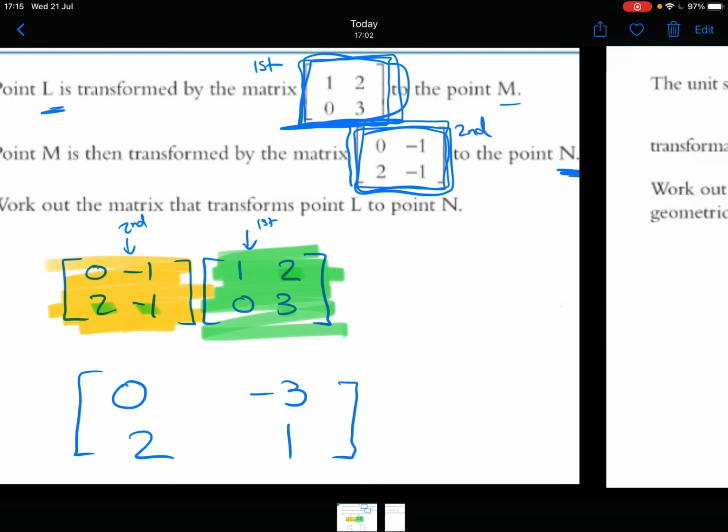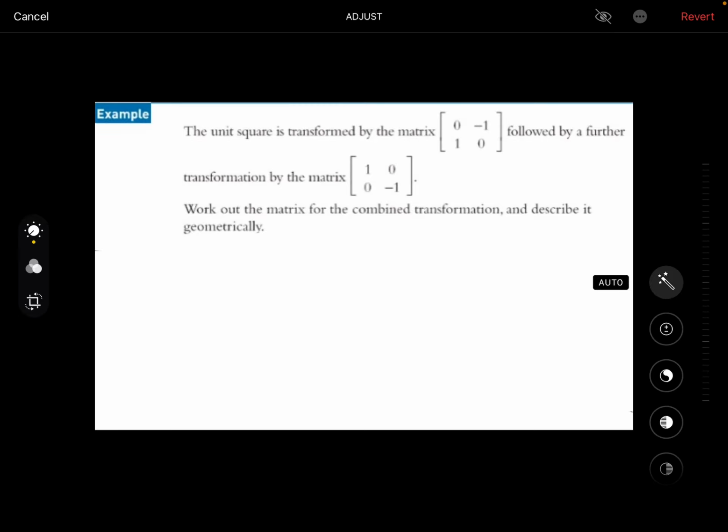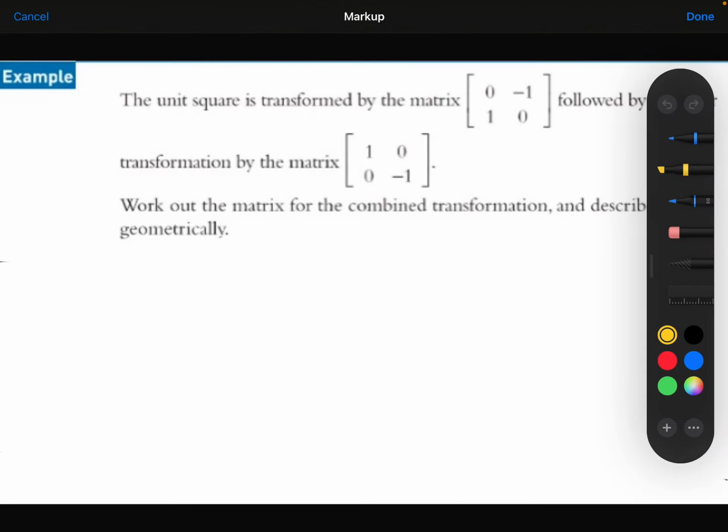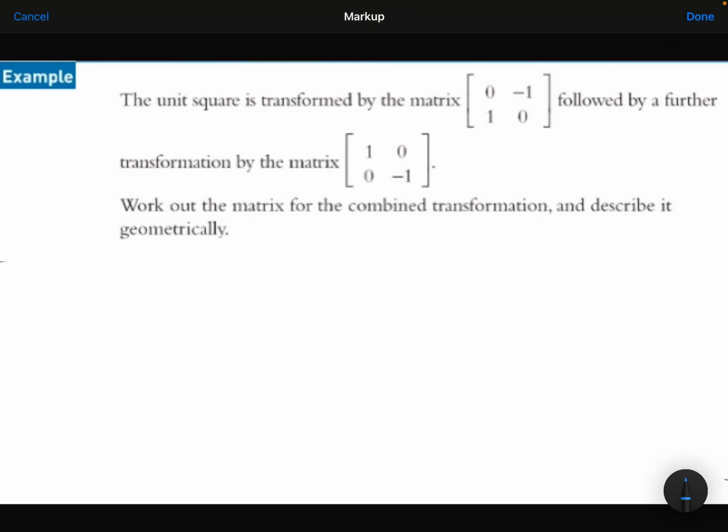Let's have a look at another example. The unit square is transformed by the matrix 0, 1, minus 1, 0, followed by the matrix 1, 0, 0, minus 1.